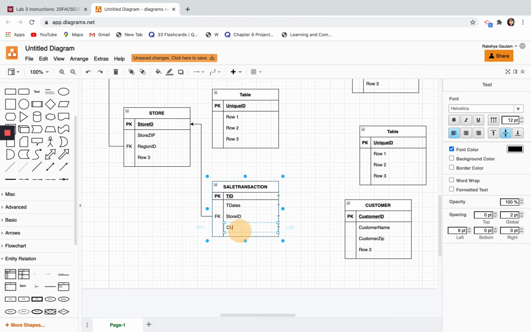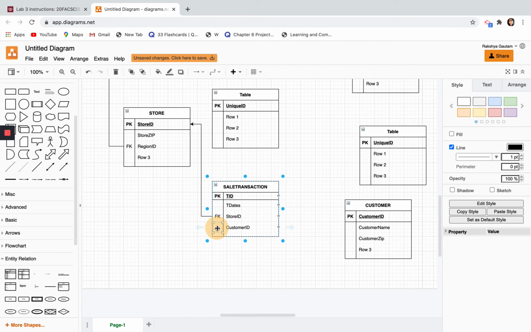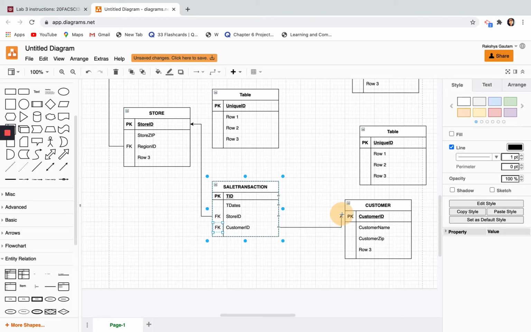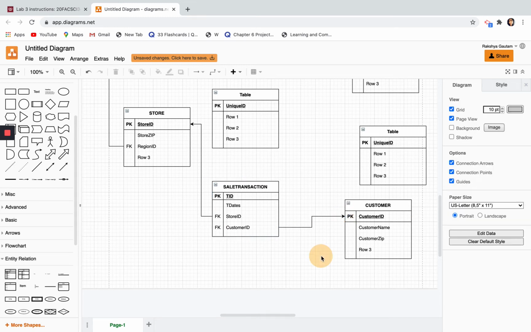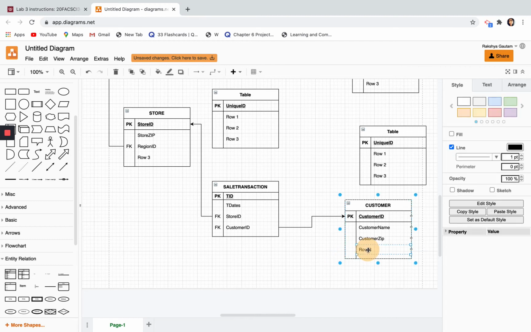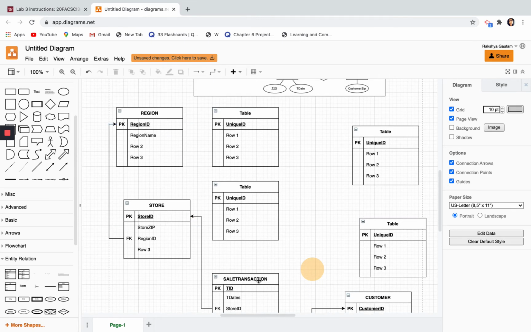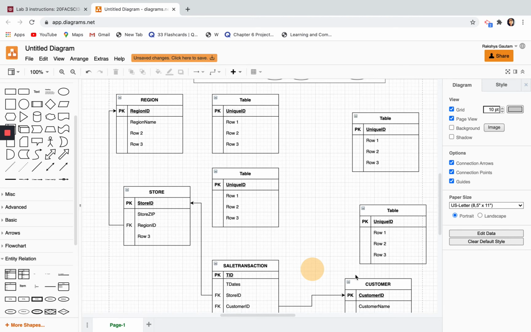So here customer ID would be a foreign key for the sales transaction. Let me cut this as we don't need that row. So we are done with the region, store, sales transaction, and then customer.